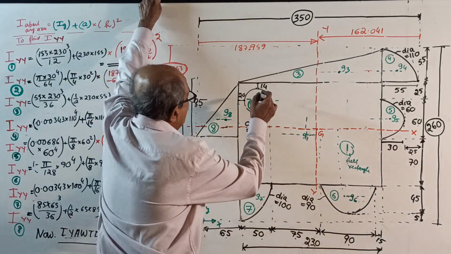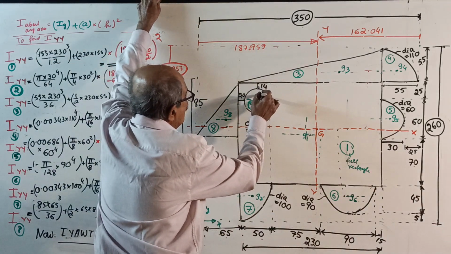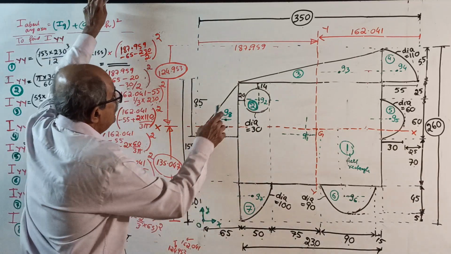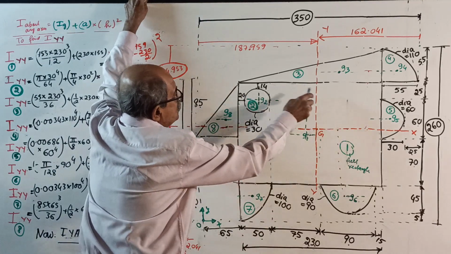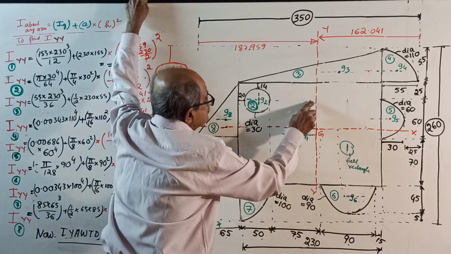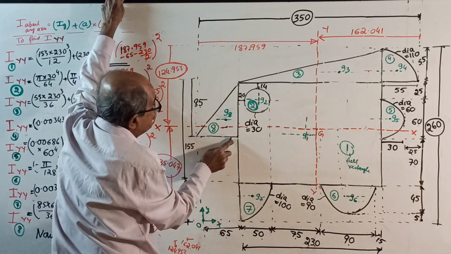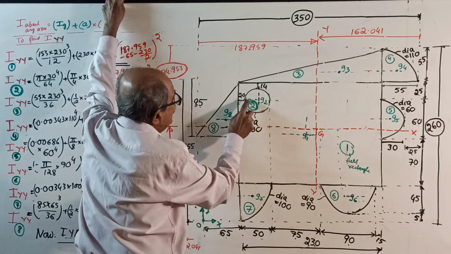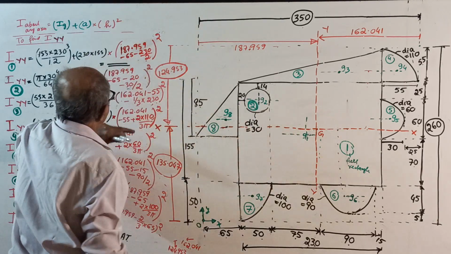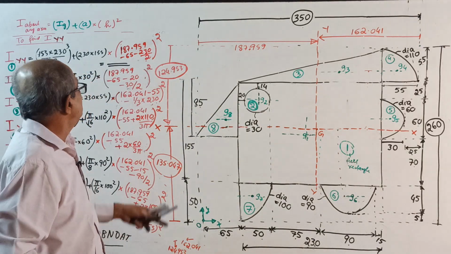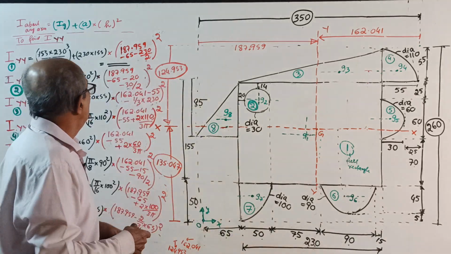Two. I about its own centroidal axis: πd^4 by 64 plus area into, from centroid G2 to YY, this distance squared, which is this distance minus 65 minus 20 minus half of 30. Further, if I explain, someone will say they feel bored. This is already told 100 times. Okay. Three.